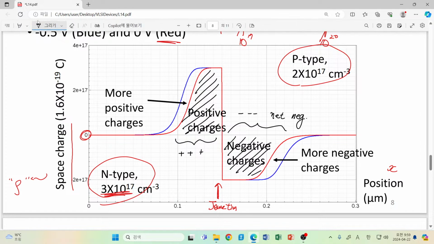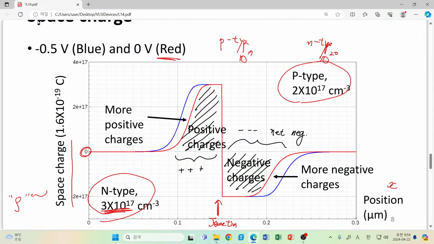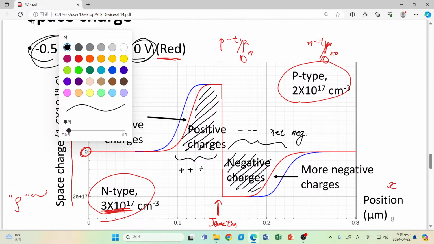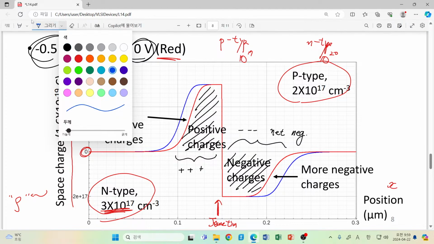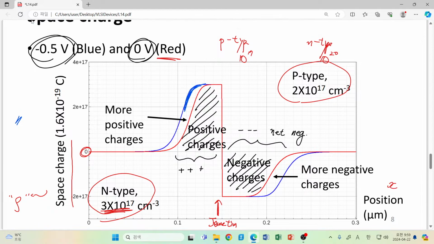In this slide, I wanted to emphasize the difference between this 0 volt case, the reference point, and a slightly deviated point, minus 0.5 volt. In this blue case, we have introduced a negative voltage into our system, and this blue curve shows a new space charge, and also this blue one shows a new space charge.